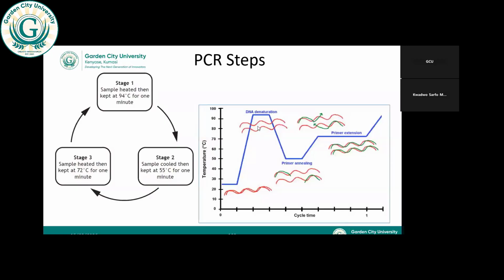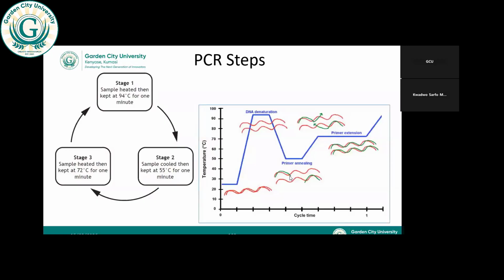The hydrogen bonds between the two strands will separate so that you have single-stranded DNA because of the high temperature. Then remember I said it's repeated heating and cooling. So we have heated, the next is to cool. So you reduce the temperature to about 55 degrees Celsius. At this temperature, the DNA can come back to the double-stranded form.